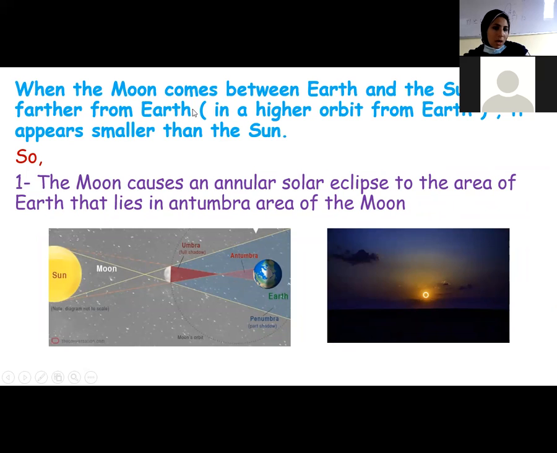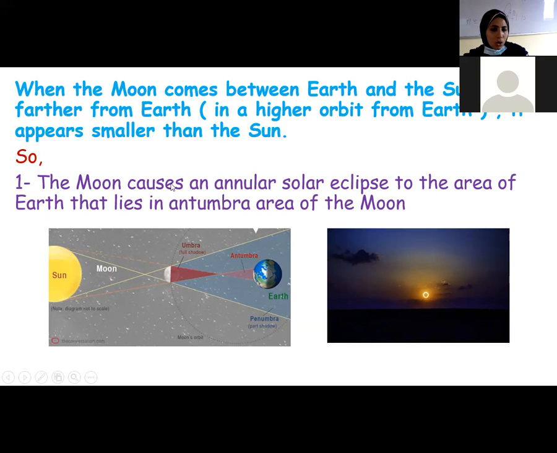When the moon comes between the earth and the sun, but the moon is farther from the earth, in a higher orbit, it appears smaller than the sun. Its size is smaller than the sun.